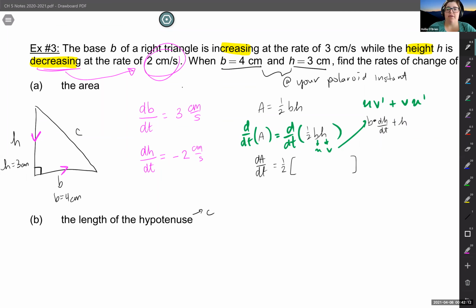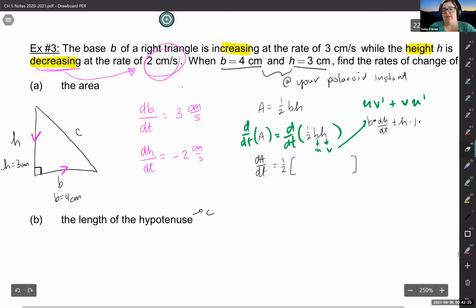Times U prime. So the derivative of B is just 1. So technically it's 1 times dB/dt, but I don't like writing times 1, right? It's a waste of time. So we say times the rate of change of the base with respect to time.